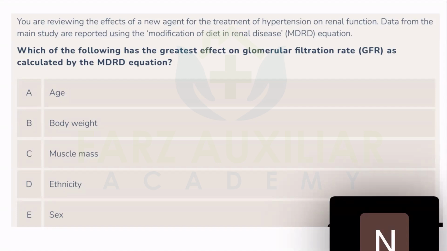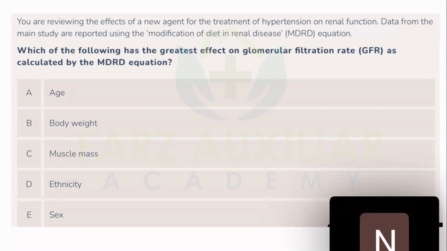Is the creatinine clearance the same for both of them? No, it's right. And suppose a 120 kg person has a creatinine of 1.2 or 1.3. It differs on the basis of muscle mass, and it's very important to remember that. It's not the body weight, it's the muscle mass.